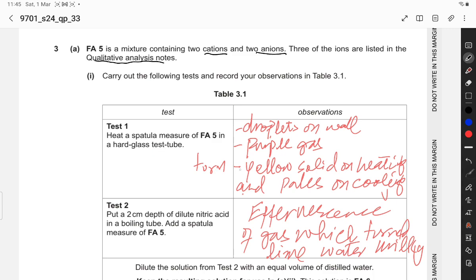White solid turns yellow on heating and pales on cooling. So these are the list of observations we have observed during heating this solid in a hard glass test tube, and you are supposed to write down all the observations in this table.